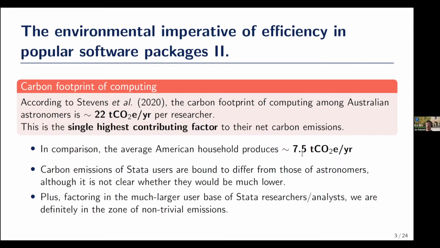After all, astronomers do tend to rely on supercomputing quite heavily, but it's not really clear whether they would be that much lower because, mind you, this number is essentially averaging over all researchers within the field, and not everybody is engaged in these computing heavy operations. And on top of that, if you factor in the much larger base of users of Stata, then we're definitely entering something of a zone of non-trivial emissions, which we should be mindful of, okay?